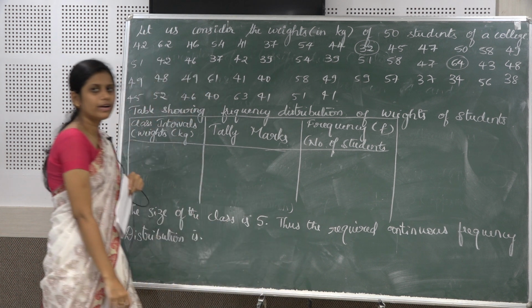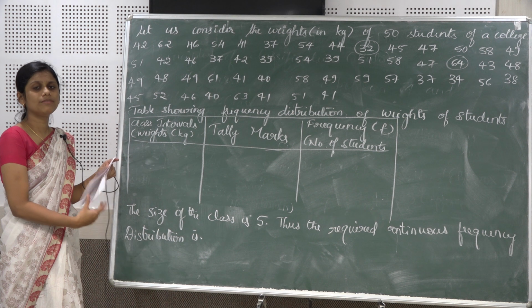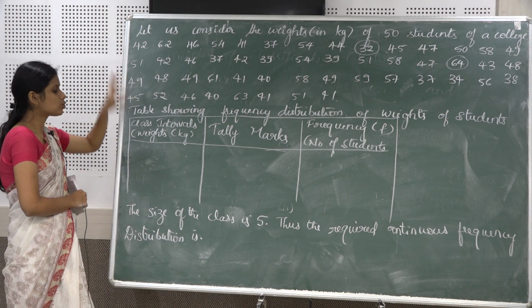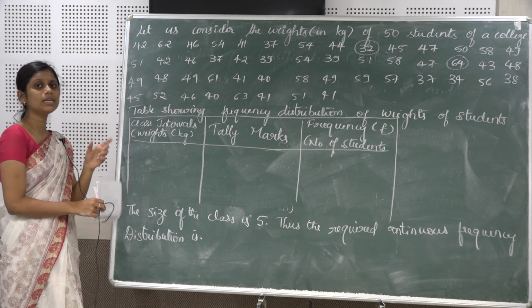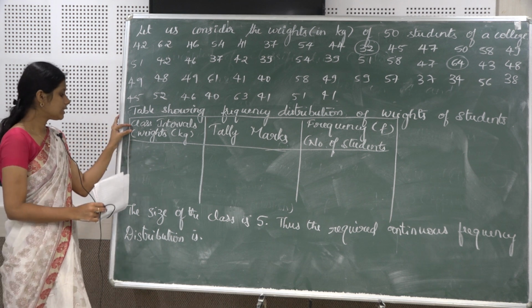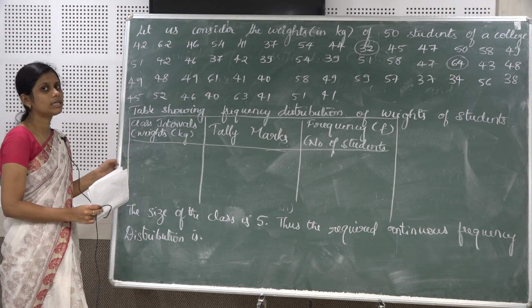Now we will frame the class intervals first. In discrete frequency distribution we used to write the individual values separately, but in continuous frequency distribution we are going to frame class intervals. Just now we have calculated the width of the class and the number of classes.